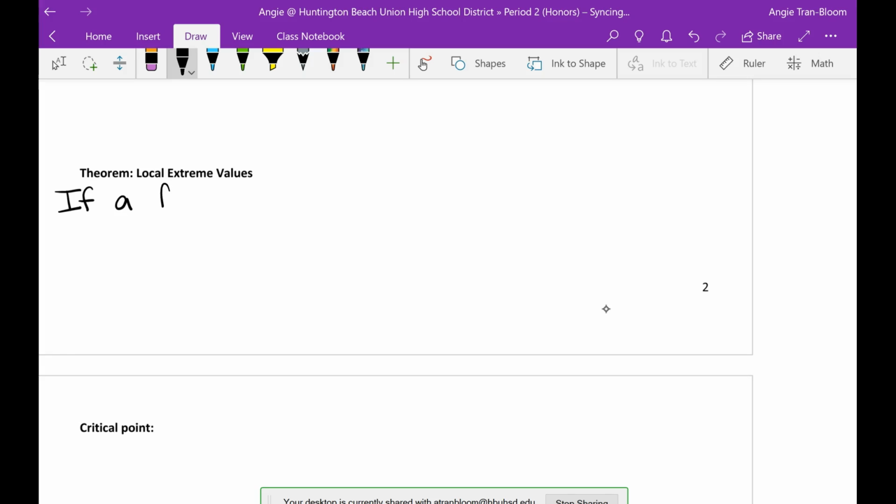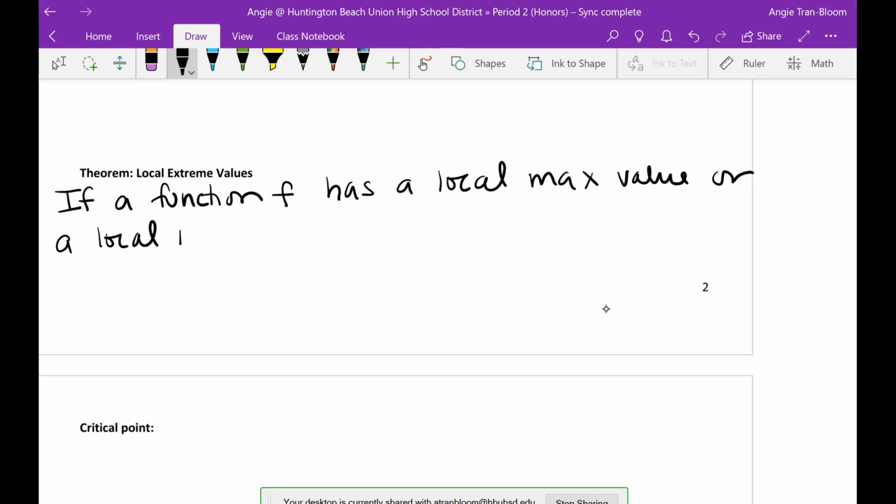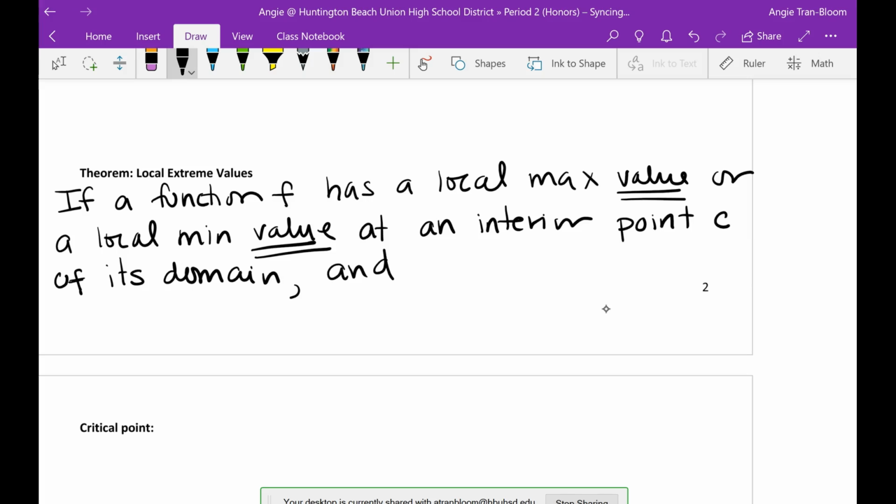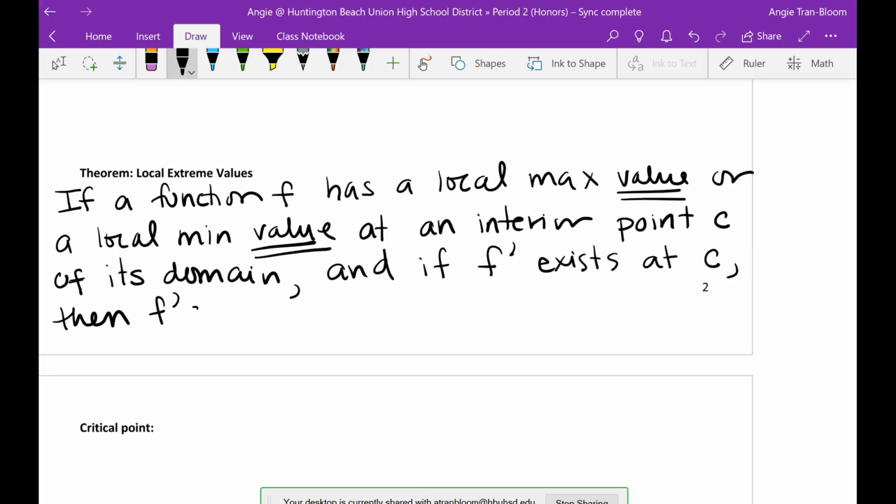Because I know not all of you have printed notes: if a function f has a local max value or a local min value, and value means we're talking about the y output, at an interior point, let's call it C, of its domain, and if f prime exists at C, then f prime of C is 0.